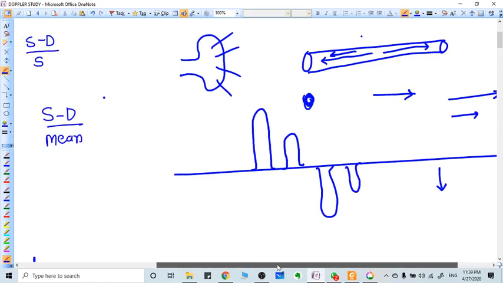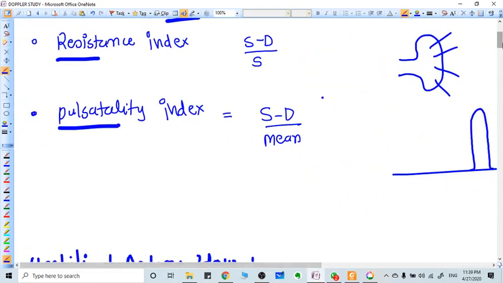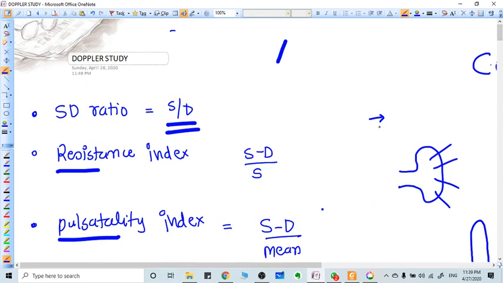Second, again I told you, when we do a color Doppler, we do a particular vessel study. In obstetric ultrasound, in obstetric color Doppler, we see majorly three vessels. One is the umbilical artery. Second is the middle cerebral artery.